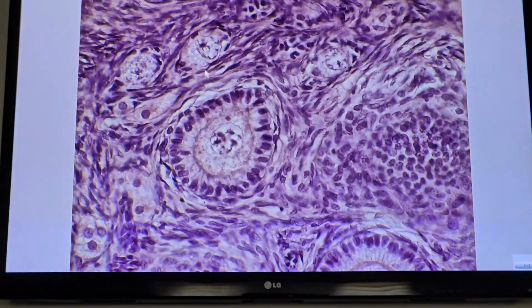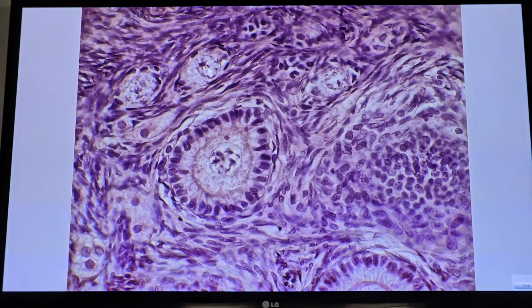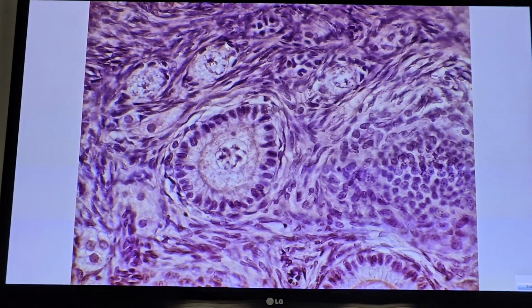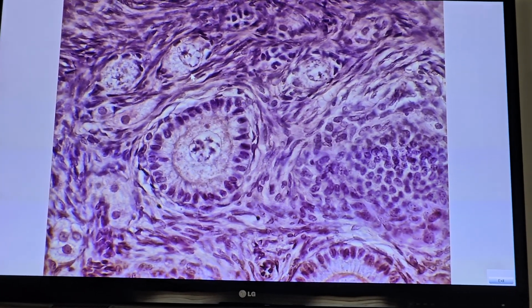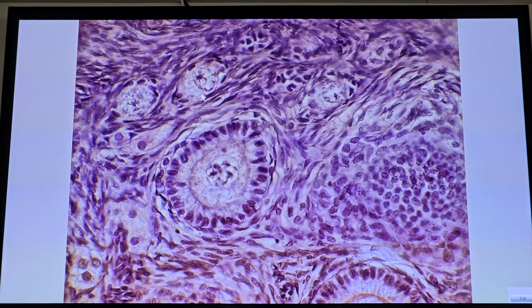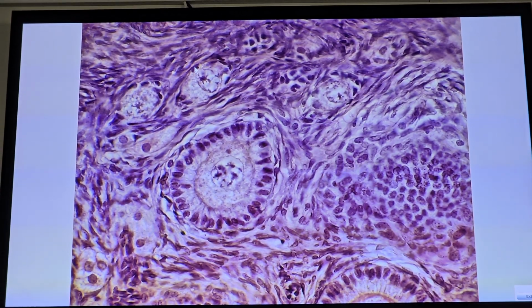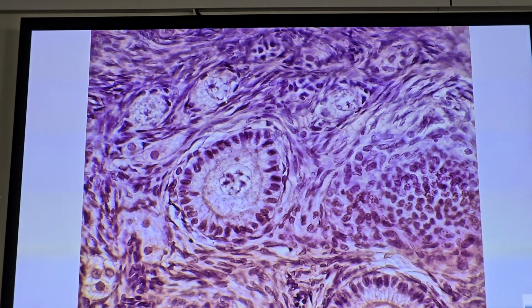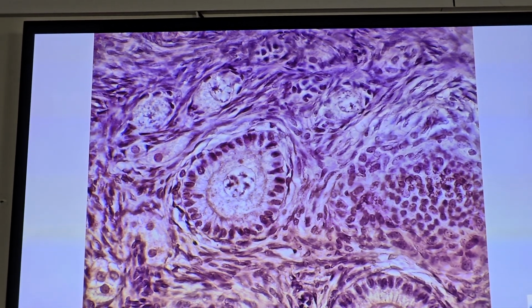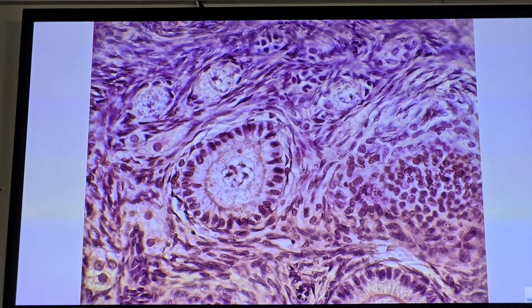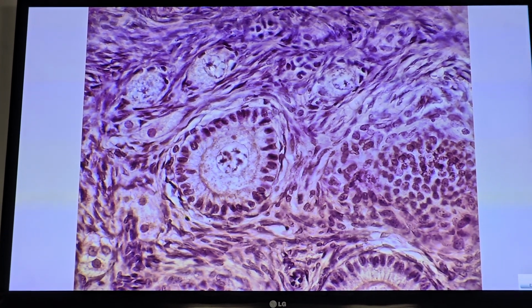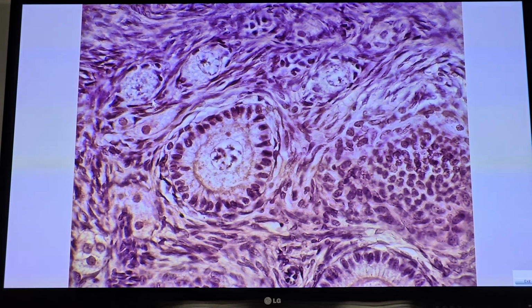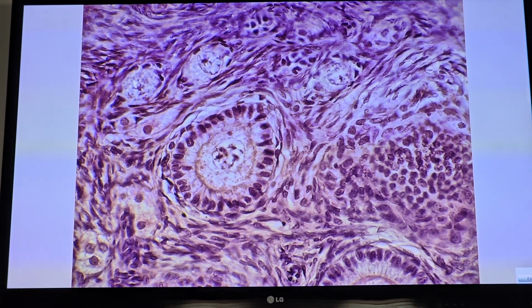This is a primordial follicle consisting of a primary oocyte surrounded by a single layer of flattened follicular cells. The primary oocyte is spherical with large nucleus containing chromosomes in the first meiotic prophase. This is another primordial follicle.